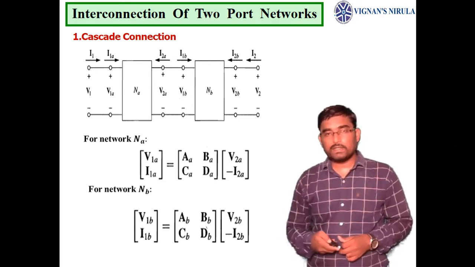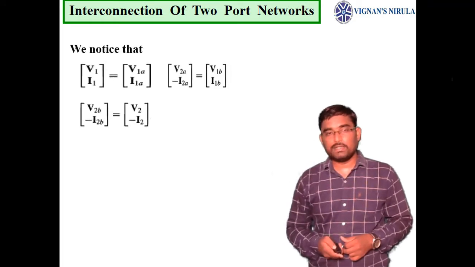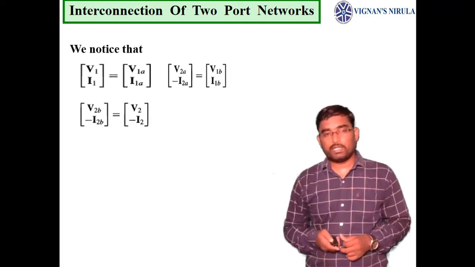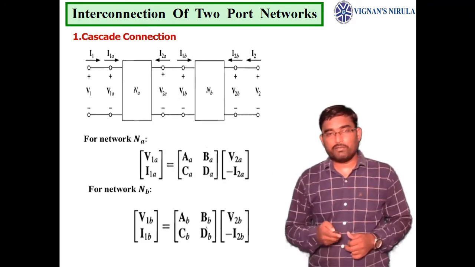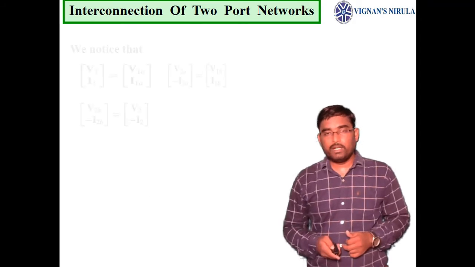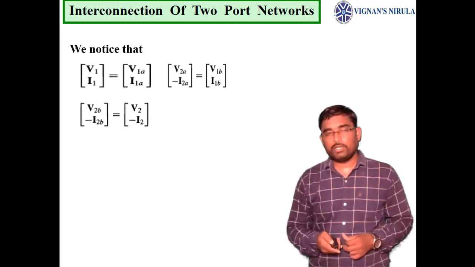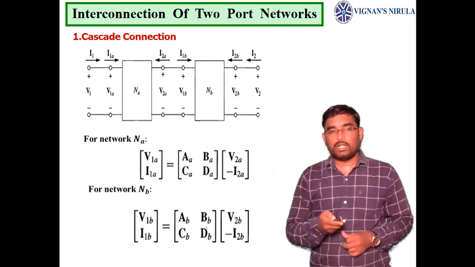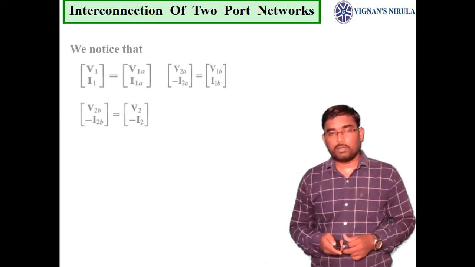Now, these are the set of equations. From the figure, we can write some relations: V1 is nothing but V1A and I1 is nothing but I1A. See the figure. V2A is nothing but V1B, and minus I2A is nothing but I1B, as both are in opposite directions.